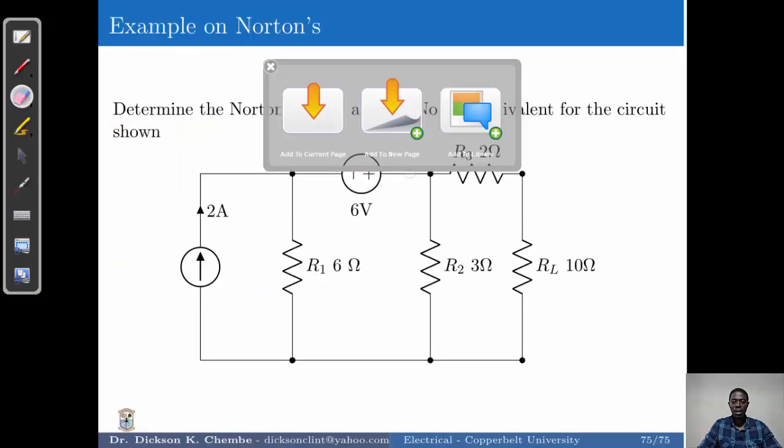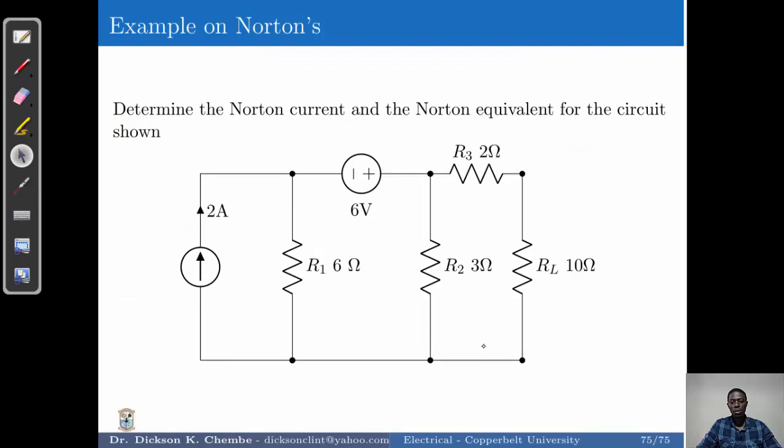So we've looked at how we solve these questions, and eventually we found that the equivalent circuit is basically a current source parallel to a resistor.